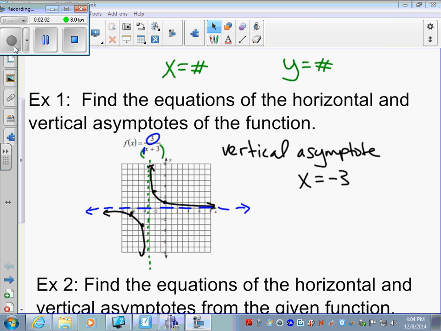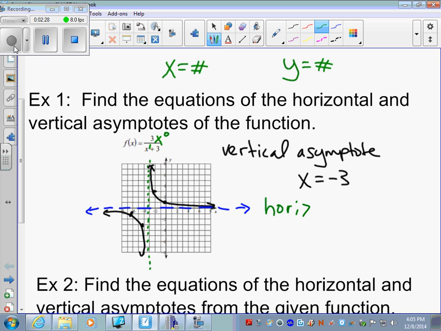Sorry, how to find the horizontal asymptotes is all about the degree of the numerator and the biggest degree of the denominator. The degree of the numerator, there are no variables on there, but if I put a variable, it's x to the 0 power. And the denominator, the biggest degree, is x to the first. If the numerator's degree is smaller than the denominator's degree, the horizontal asymptote is always at y equals 0.